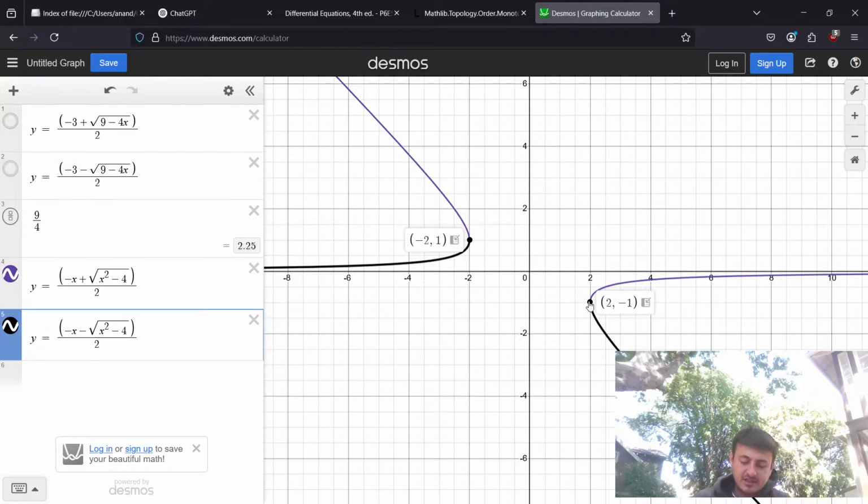All right, so the phase lines are going to be... So let's just do a equal to minus 3. So we're going to have 9 minus 4. So we're going to have 3 plus or minus square root of 5 over 2.